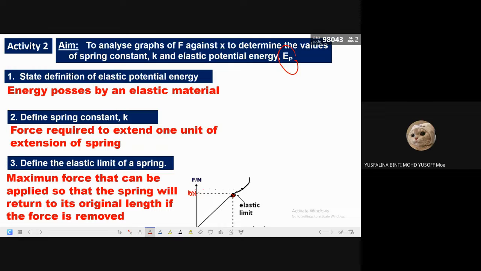So the elastic limit of the spring is 10 Newton. That is the meaning of the elastic limit: the maximum force that can be applied so that the spring will return to its original length if the force is removed.